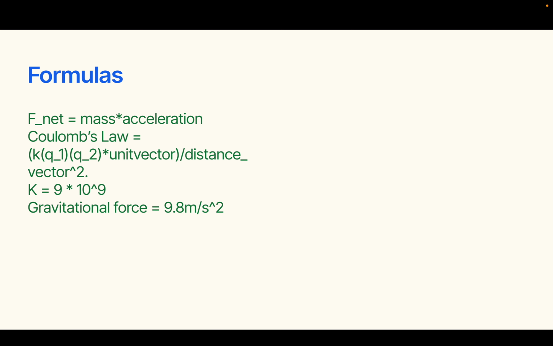GlowScript. The formulas we used were Fnet, which is mass times acceleration, and Coulomb's law, which is K, Coulomb's constant, Q1, which is the charge of the first point, and Q2, which is the charge of the second point, and the unit vector, which represents the direction of the distance, usually the observation point minus the point that you're referencing, divided by the distance vector squared.